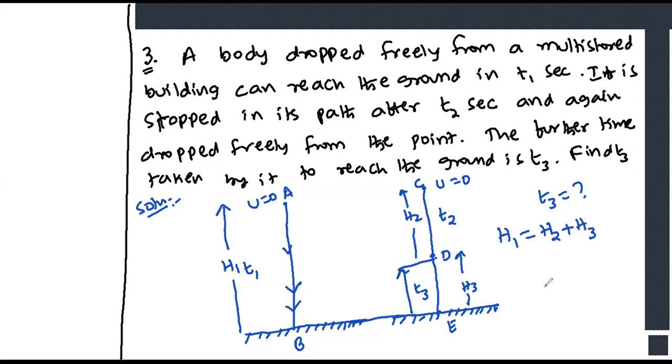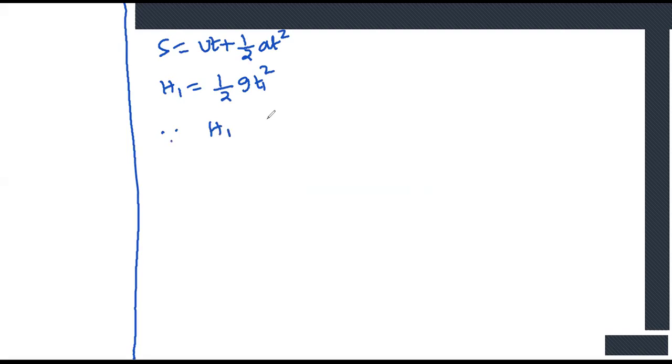Using the formula S equals ut plus half at square, h1 equals half g t1 square. Similarly h2 and h3. Since h1 equals h2 plus h3, half g t1 square equals half g t2 square.